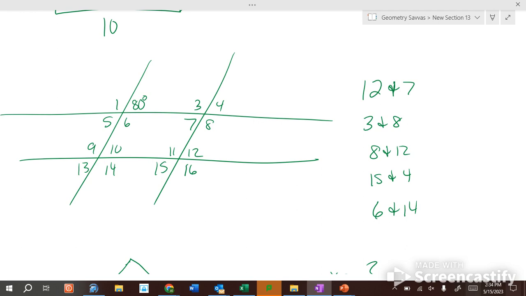So what types of angles are 12 and 7? 12 and 7. Not quite. Alternate interior angles. What types of angles are 3 and 8?